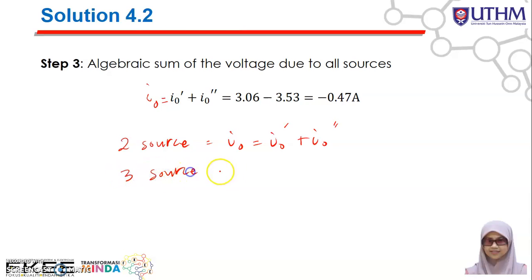Then you need to find i0 equal to i0 prime plus i0 double prime plus i0 triple prime. So basically the superposition theorem does help reduce the complexity of the circuit, but it requires more work, because you need to turn off all the sources one by one.